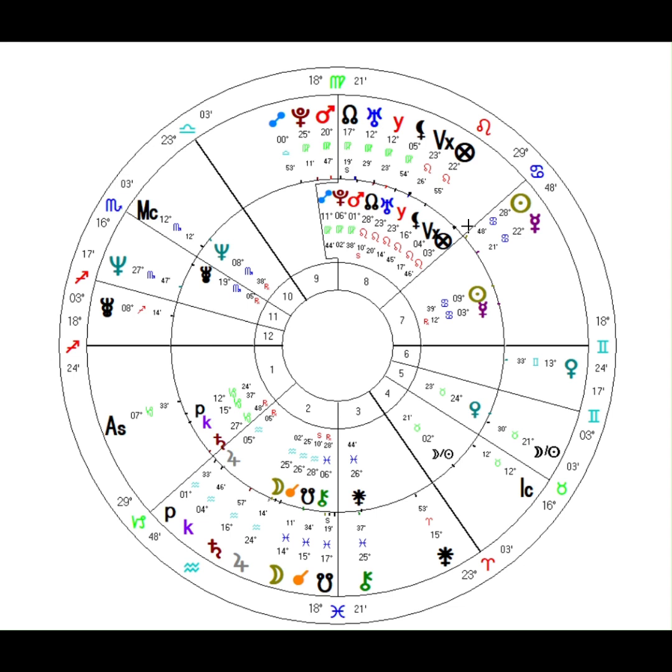A quincunx aspect often signals adjustment, imbalance, or a situation that requires constant adaptation. In this context, the solar arc sun activating the south node suggests that the marriage may have been tied to karmic dynamics or pre-existing patterns that required significant personal adjustment.